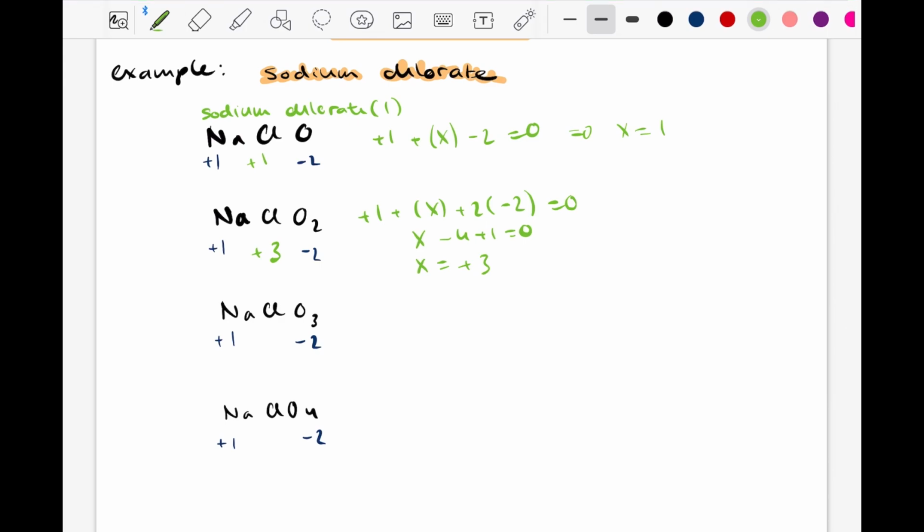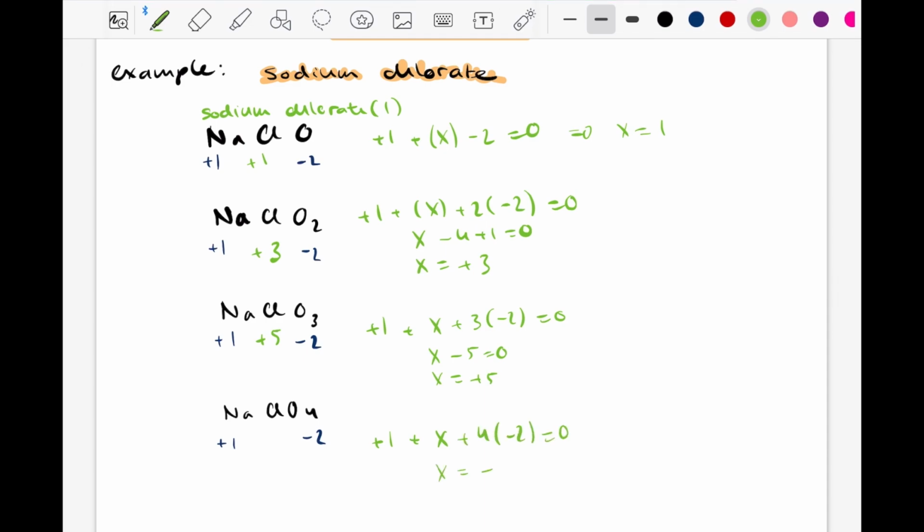Now let's look at the example below. Here it gets even wilder. We're going to have +1 plus x plus 3 times -2 is equal to 0. We're going to have that x minus 5 is equal to 0. So x is going to be equal to +5, and the oxidation state of chlorine is going to be +5. And lastly, we're going to have +1 plus x plus 4 times -2 is equal to 0.